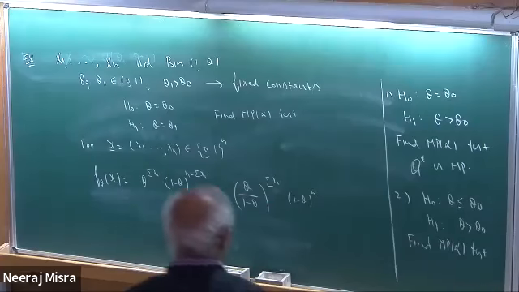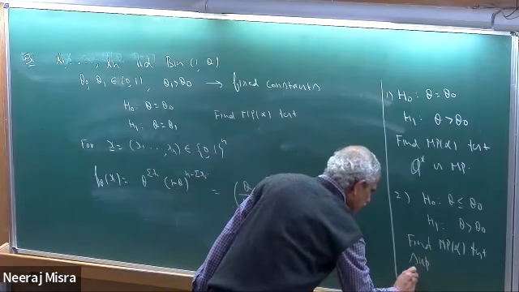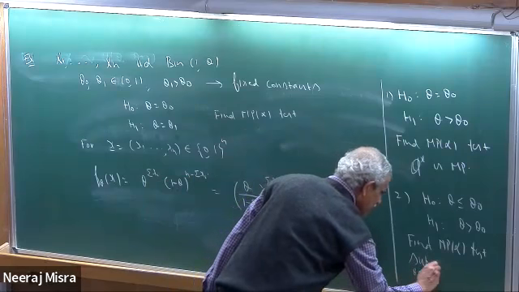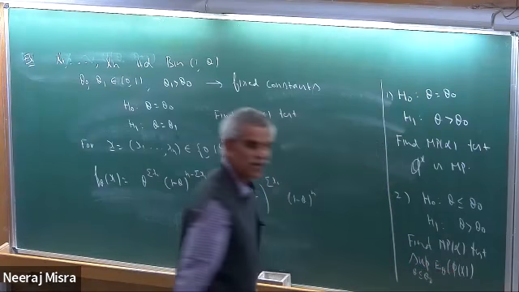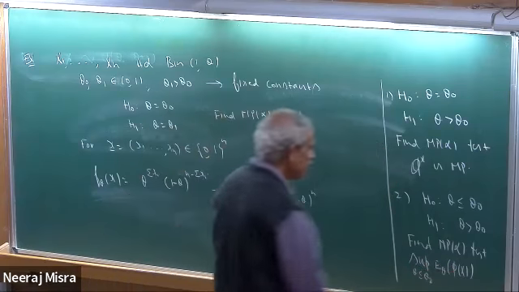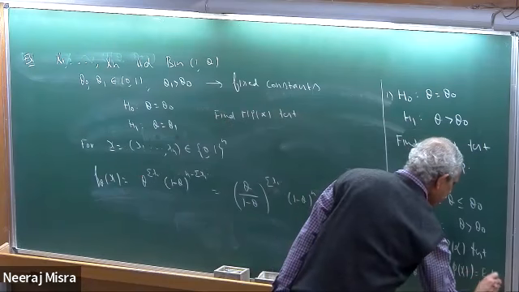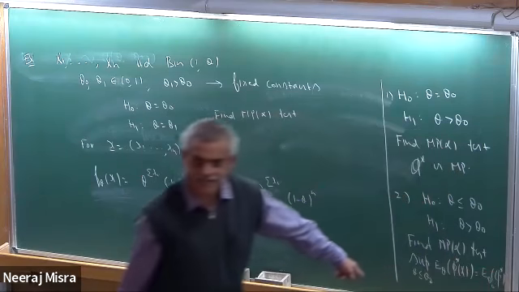So the question boils down to answering whether the supremum over theta less than or equal to theta naught of E theta phi star x is the same as E theta naught phi star x or not.